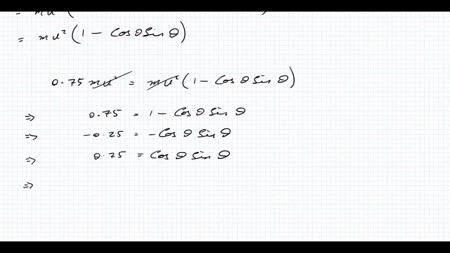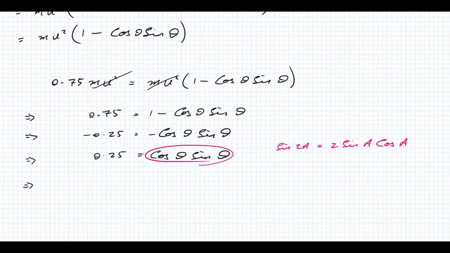Now, what I can do here then is look at this part here. I know from my trig identities in the tables that the sine of 2A is equal to 2 sine A cos A. And that's what I've got here.